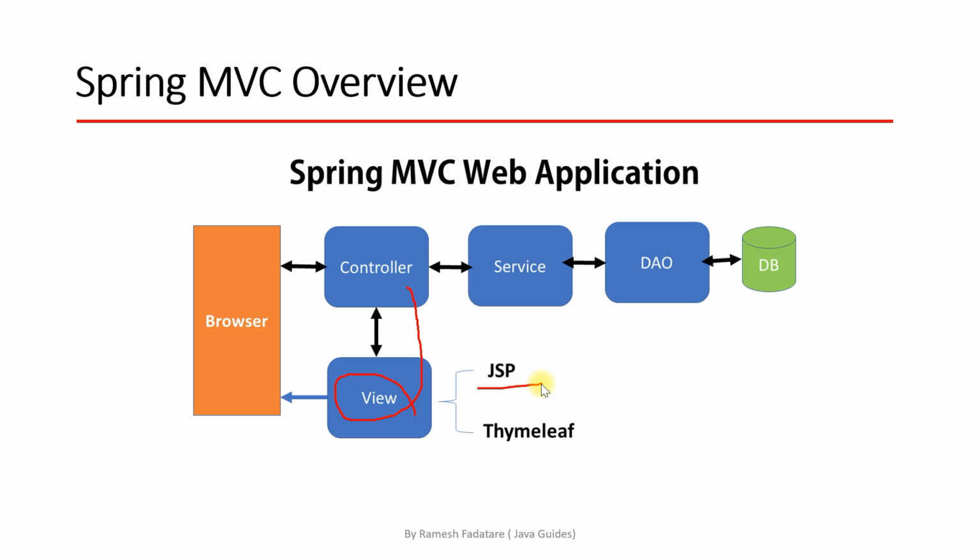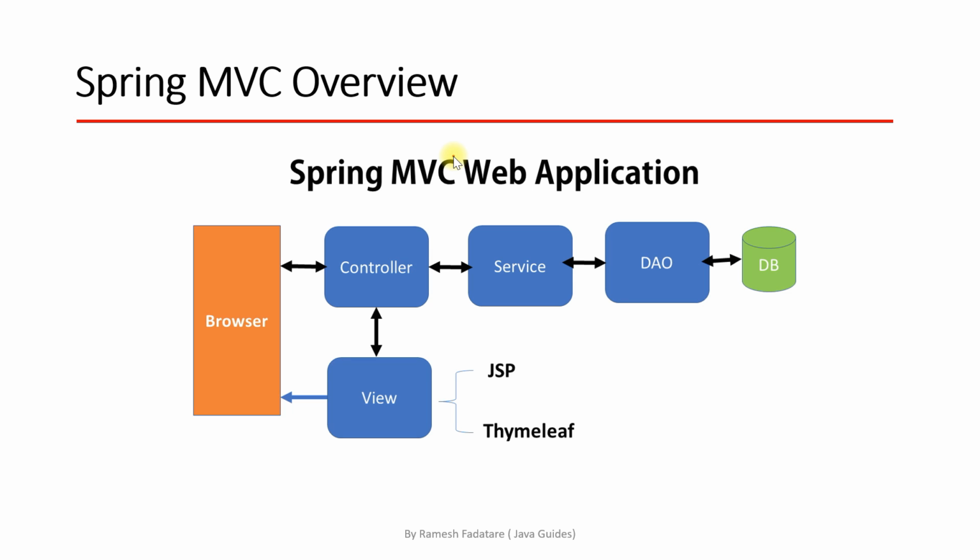Okay, great. And if we use Spring MVC to develop a web application, then controller returns a view. Okay, basically JSP or Thymeleaf or any other views that's supported by Spring MVC. And if we use Spring MVC to develop RESTful web services, then controller should return different format, either JSON or XML or any other format, okay, apart from these views. Just remember, Spring MVC is used to develop both web applications as well as RESTful web services application.